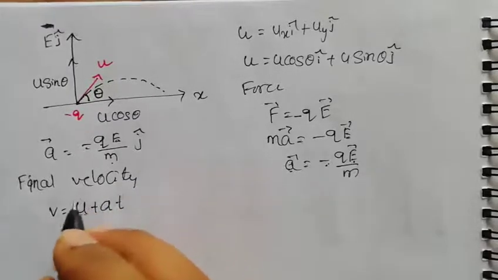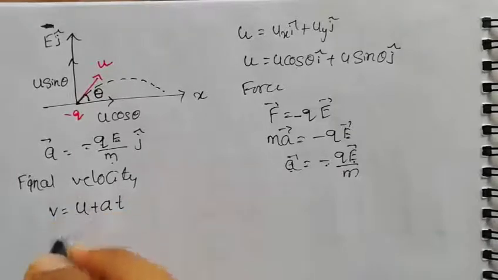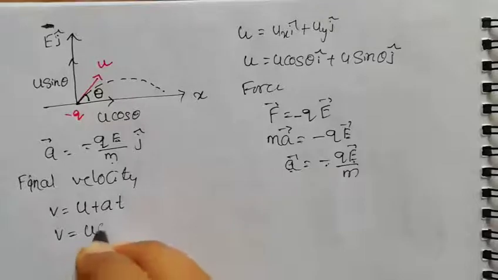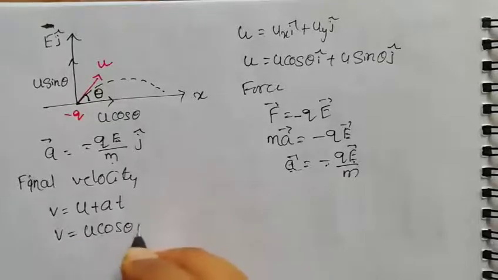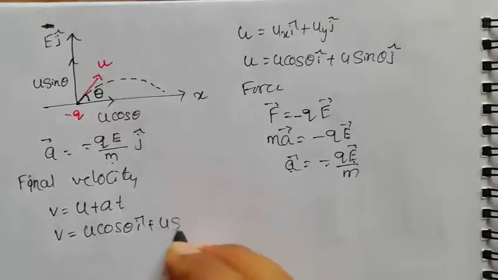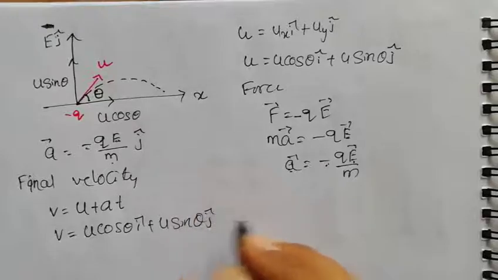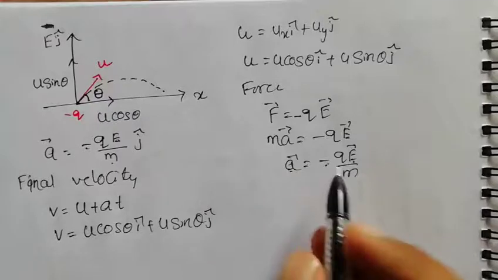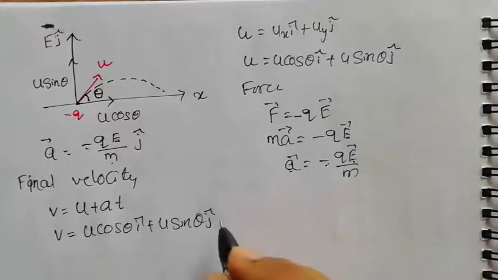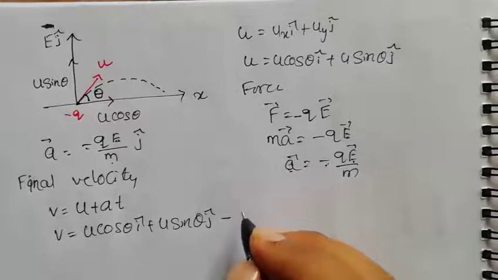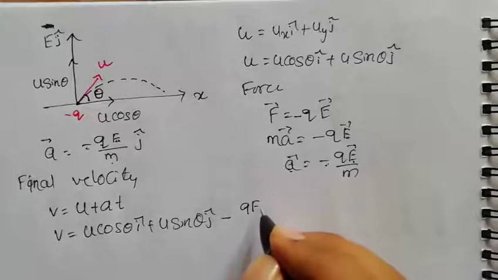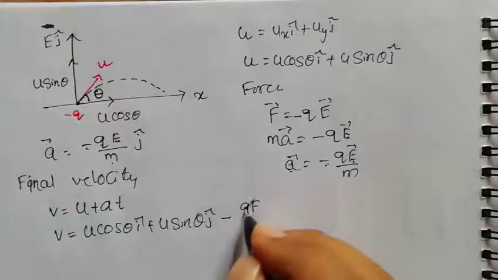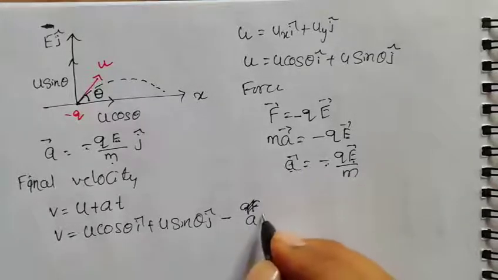Final velocity, you get V equal to u cos theta into i cap plus u sin theta into j cap plus acceleration. Acceleration has a negative sign, we will take it negative. You get qE by m, or let me put a only, a into t.